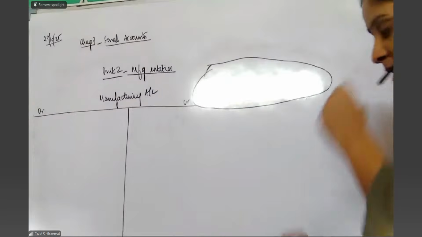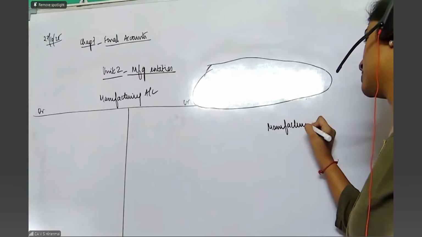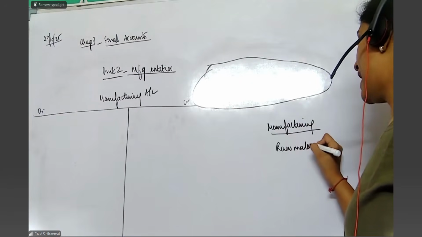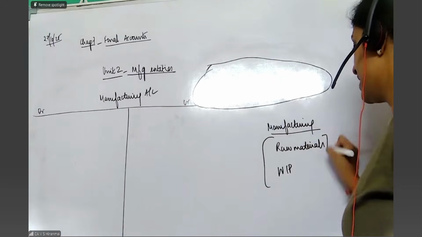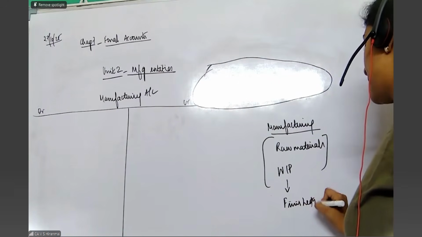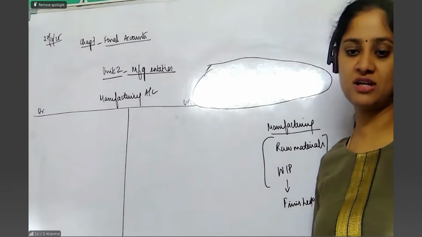Okay. Now, all of you, please see here the manufacturing account. What and all will come into your manufacturing account? It will always deal with your manufacturing or the production process. So here you will have the raw materials and the work in process. After you convert this, you get the finished goods. So what is the result of the manufacturing account?